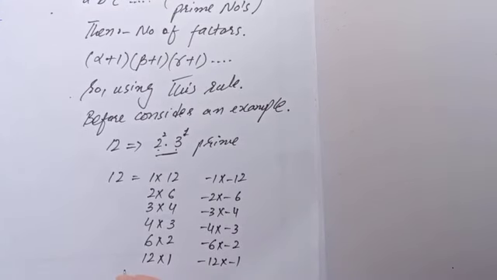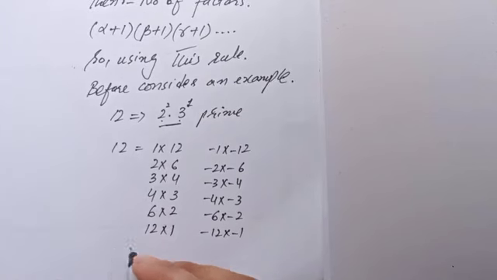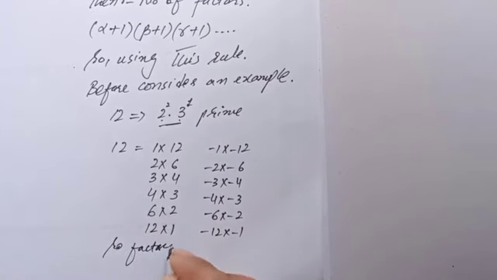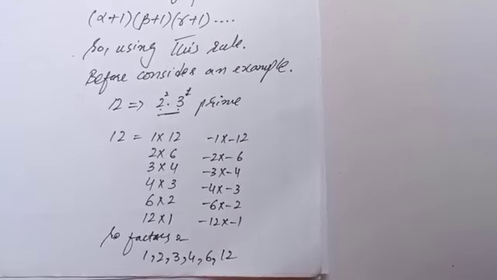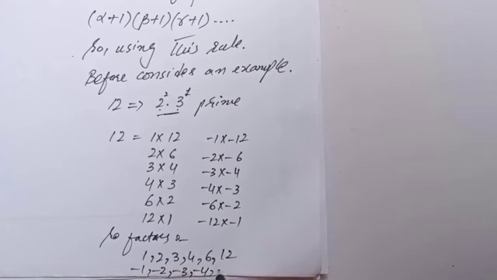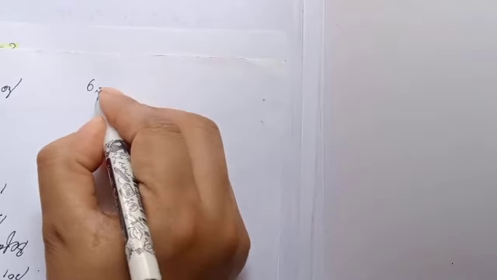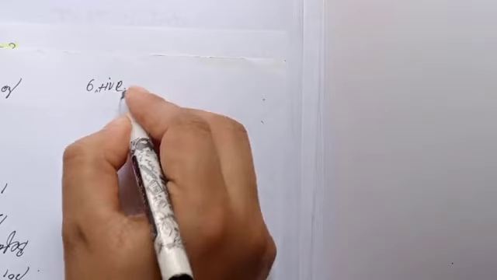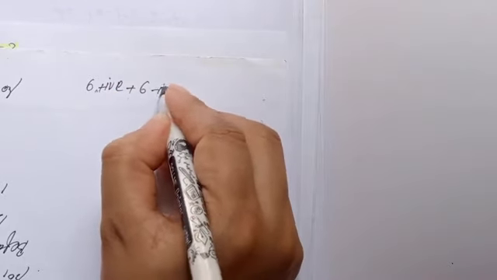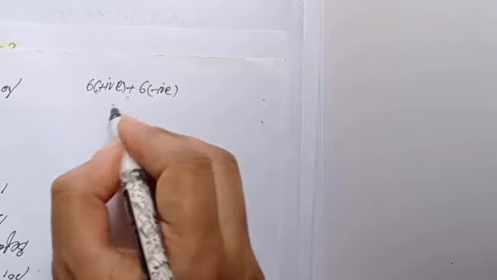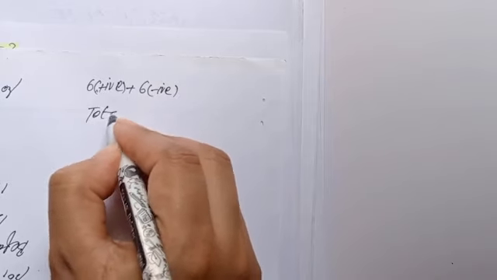So here we have factors which are positive and which are negative. 1, 2, 3, 4, 6 and 12 are the positive factors, and similarly I can write the negative factors -1, -2, -3, -4, -6 and -12. So in this case I have 6 positive values and 6 negative values. This implies that the total number of values is 12.